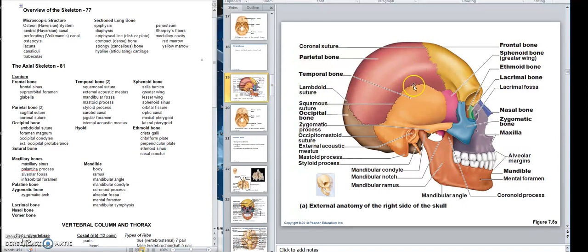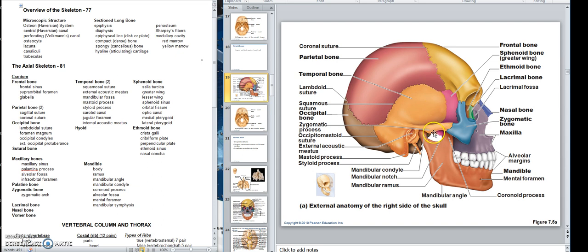The zygomatic, you have a muscle called the temporalis muscle that's going to come down from here, be attached to right here, and come down and attach to this coronoid process of the mandible, and it pulls the jaw up. Well, to get there, it needs to go under this bridge right here, and the muscle goes underneath that bridge.